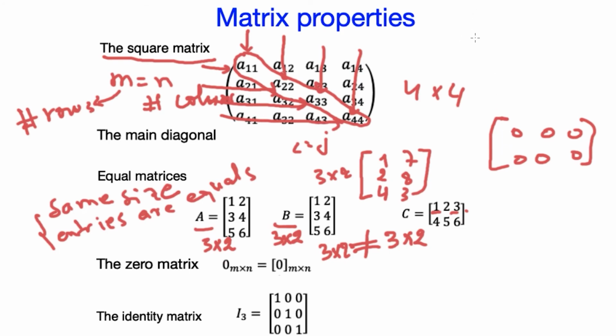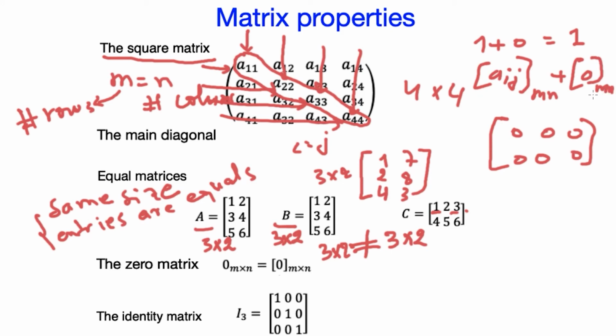For example, 1 plus 0 is equal to 1, so the same here: if A is an m by n matrix plus the zero matrix with size m by n, it is always equal to A. So it does the role that 0 does in the scalars.